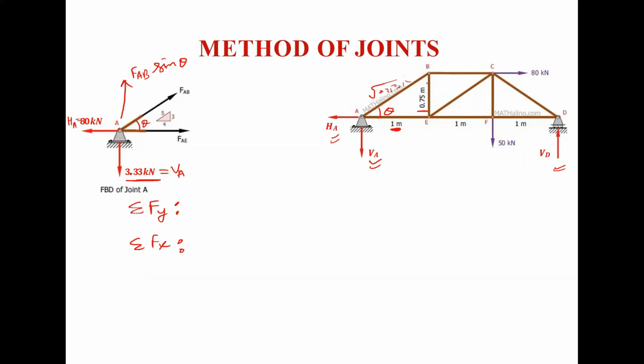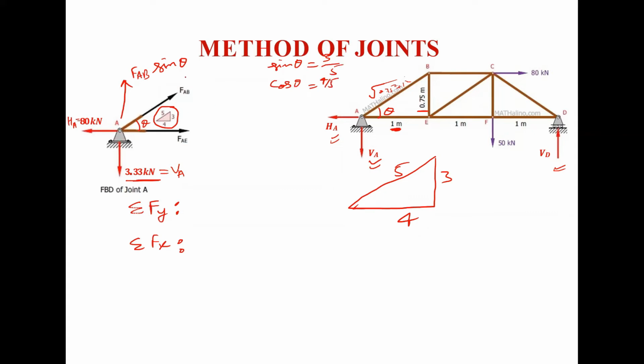Otherwise you can make a similar triangle having length 3 and 4, and this will be 5. So the same thing is represented here. So sin theta will be 3/5, and cos theta will be equal to 4/5.